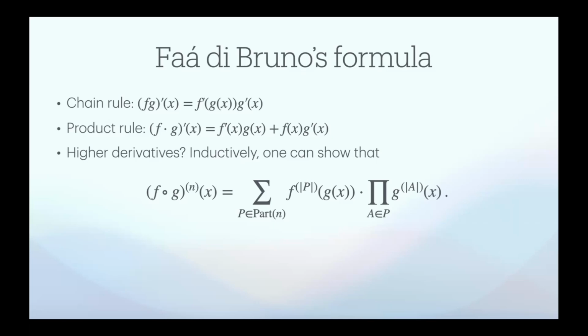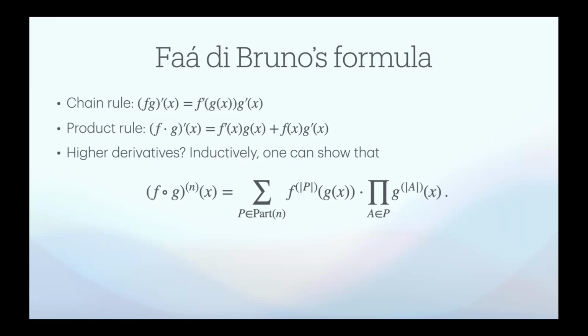Just to make sure, the bracket P means the number of terms in your partition. That's the cardinality of the set P, the number of elements in the partition. These are unordered partitions actually. If you order them, then you need to start dividing out, and the formula becomes less clean.